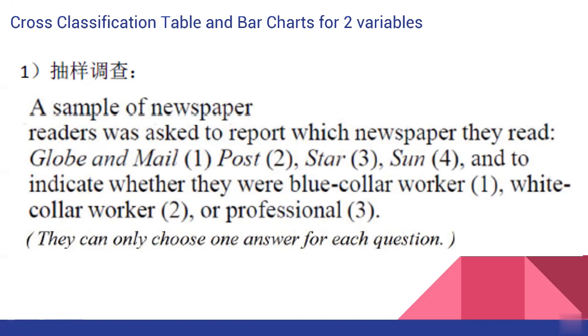Third one called Star, and fourth one called Sun. And we use 1, 2, 3, 4 to code these 4 newspapers. And the readers are divided into 3 categories, namely blue-collar workers, represented by 1, white-collar workers, represented by 2, professionals, represented by 3.